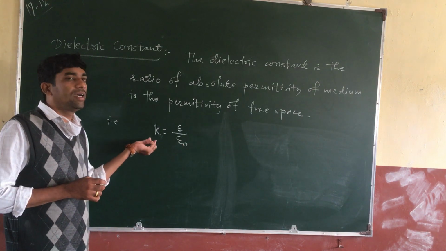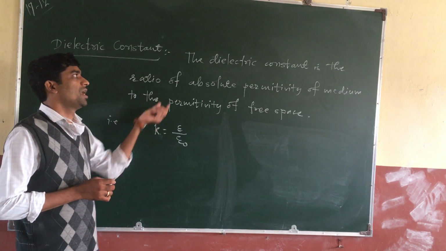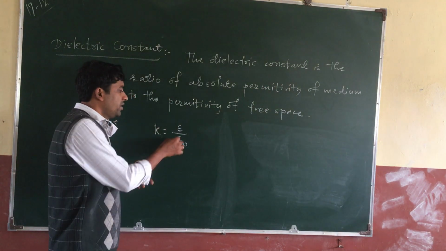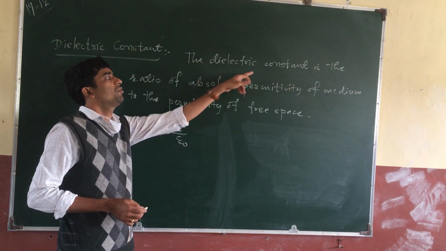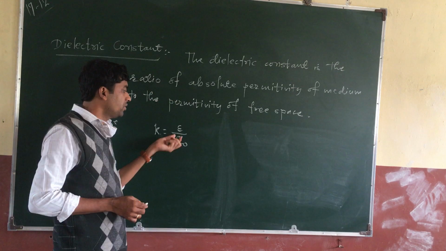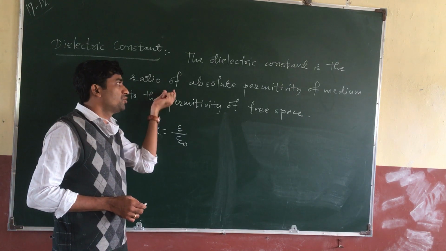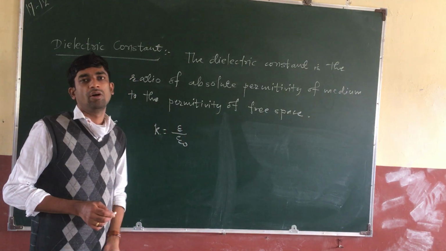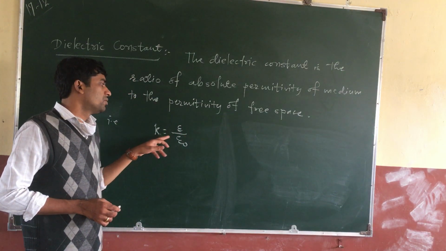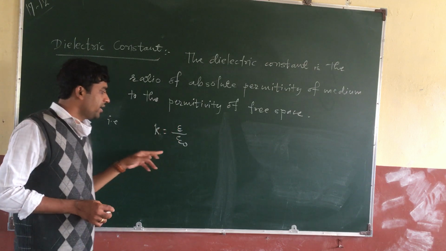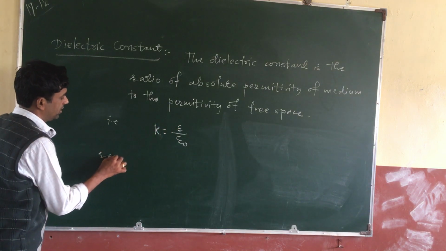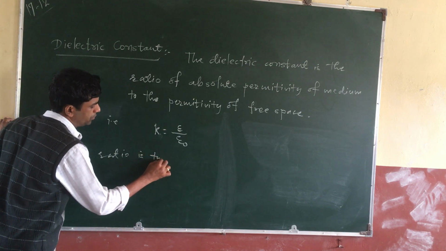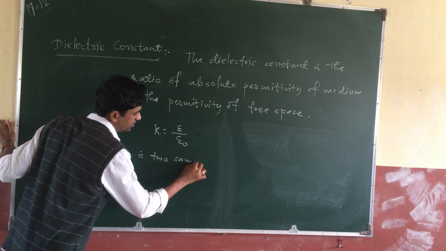So how will you define dielectric constant? It is the ratio of the absolute permittivity of the medium to the permittivity of free space. So this is a ratio of two same quantities, so K is a ratio of two same quantities.